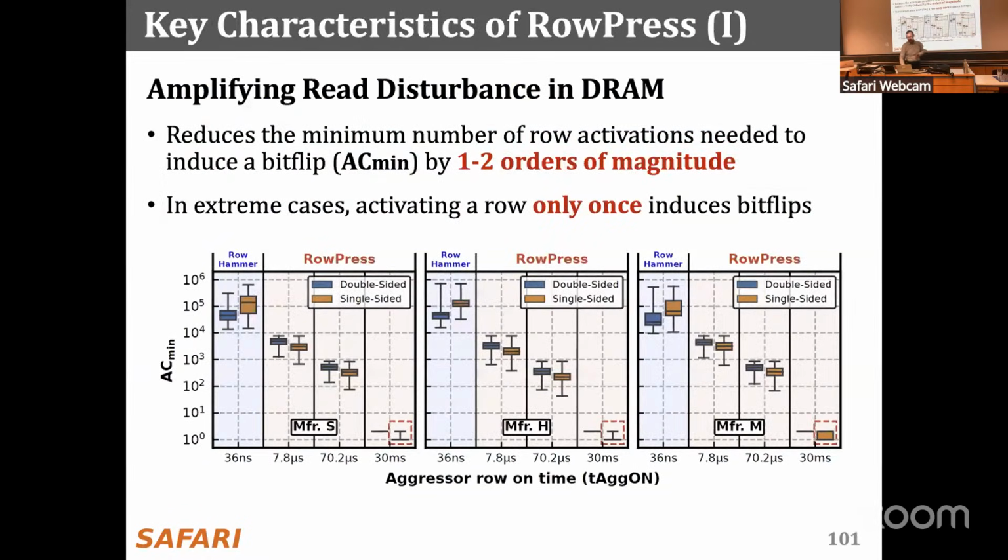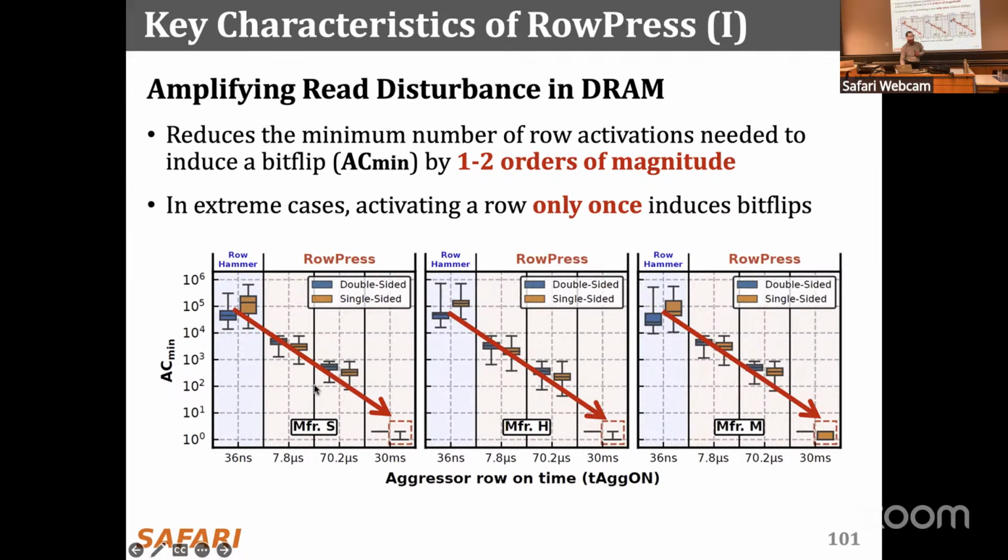Okay, so this is a summary of the results from the paper. Basically, these are three major manufacturers, I guess Samsung, Hynix, Micron. And you can see that this is RowHammer, which is you keep the row active as little as possible. And then if you keep the row active for 7.8 microseconds, you get bit flips a lot earlier, meaning at much smaller activation counts.